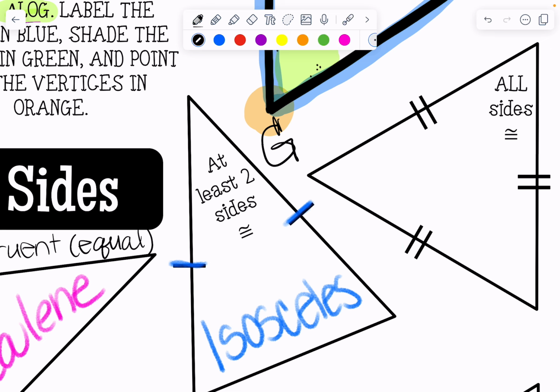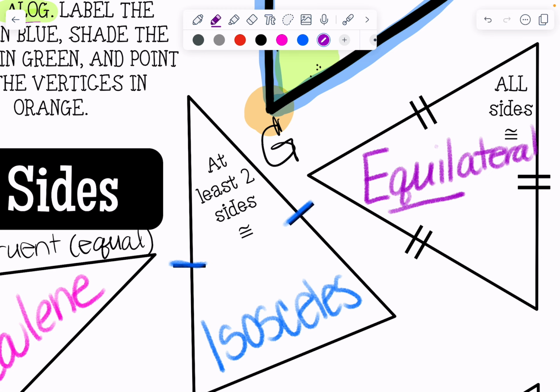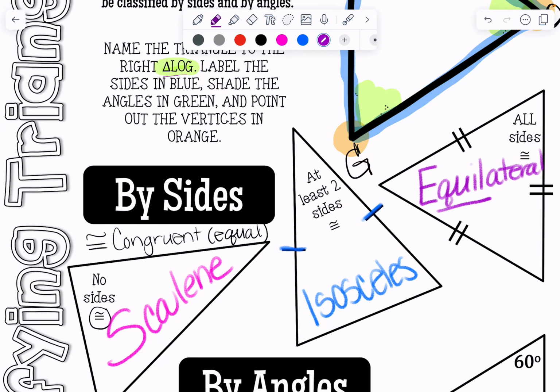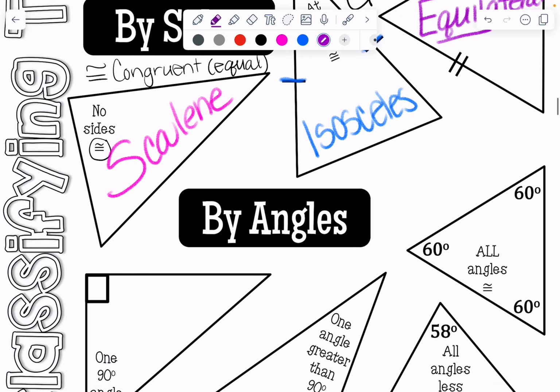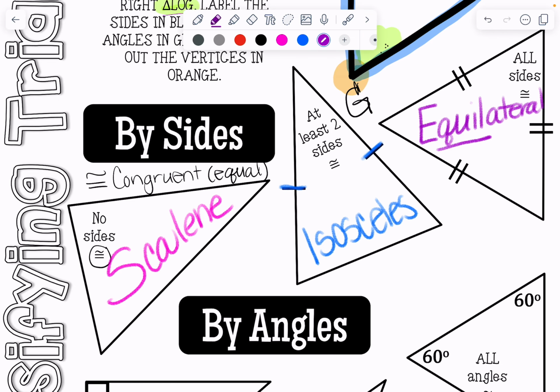So when we have a triangle that has three congruent sides, we call that an equilateral triangle. So equilateral literally means equal sides. Lateral is sides. So you'll use one of those three words to describe and classify a triangle based just off of its sides.